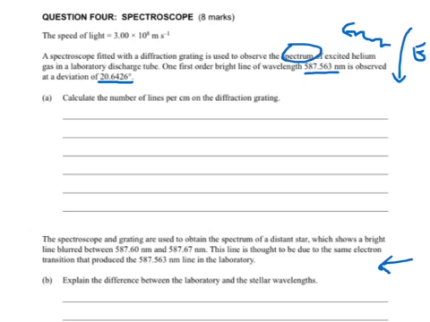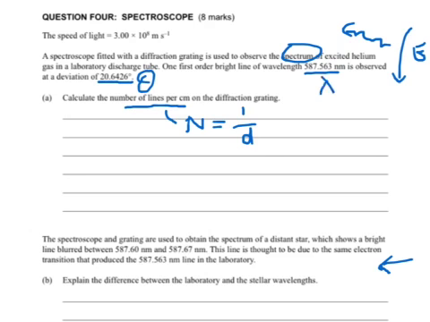Calculate the number of lines per centimetre on the diffraction grating. That is N in the formula. N is 1 over d, where d would be the spacing per line, or the distance between two successive lines. We have theta, the angle here, and we have the wavelength given there.